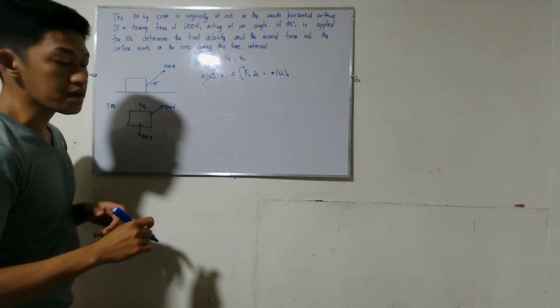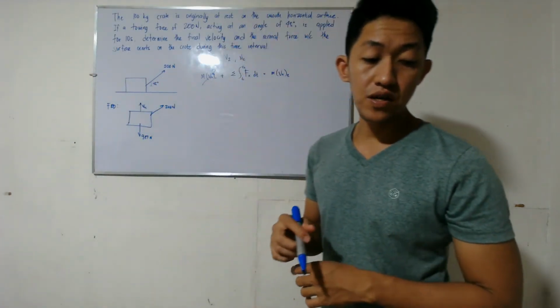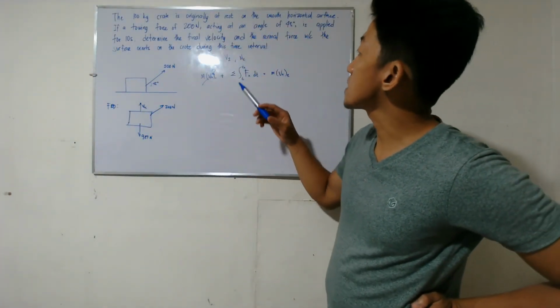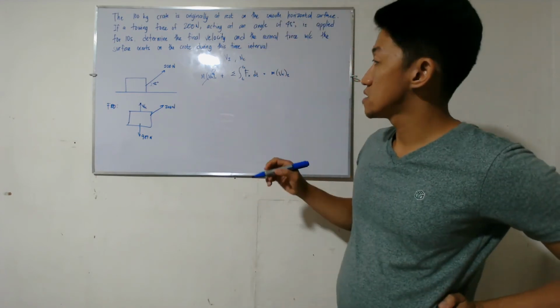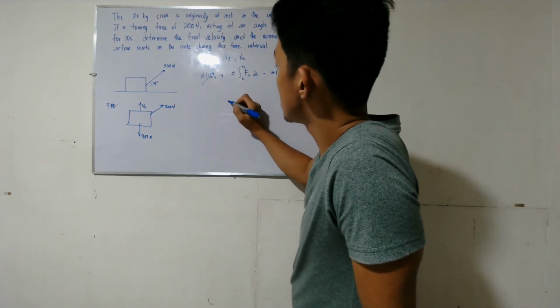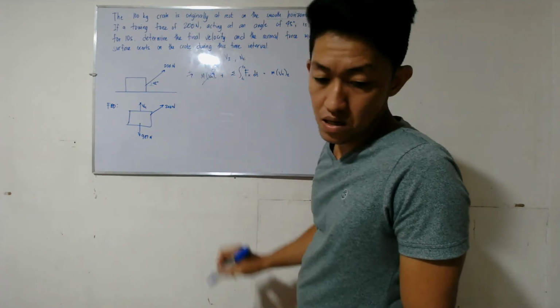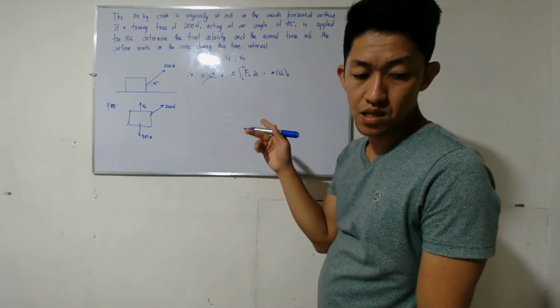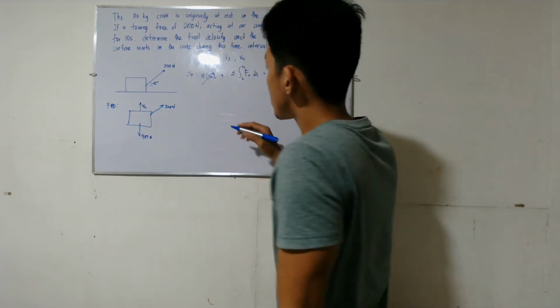We don't have the frictional force because it is stated that it is a smooth horizontal surface. Okay, so what are the forces that are involved along x? You have only the towing force.